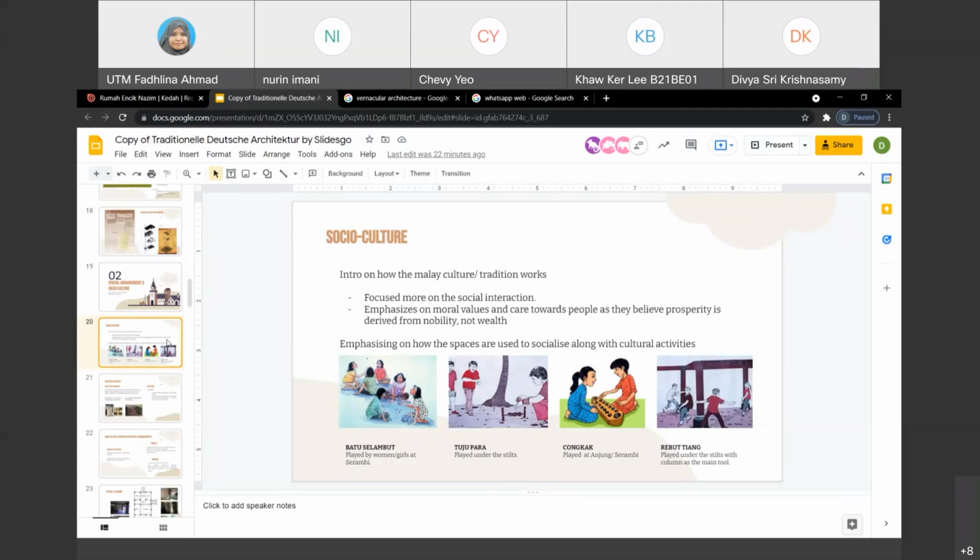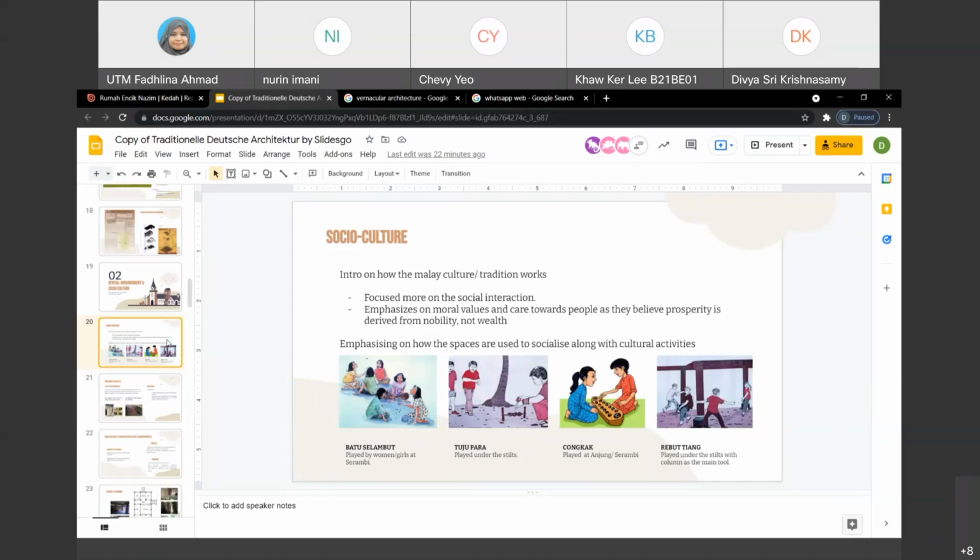Next, I'll be relating and emphasizing how these spaces are used to socialize along with the cultural activities, because these cultural activities or games are related to the spatial spaces of the house. The first one is Batu Selambut. This game is commonly played by women or girls at the Serambi.